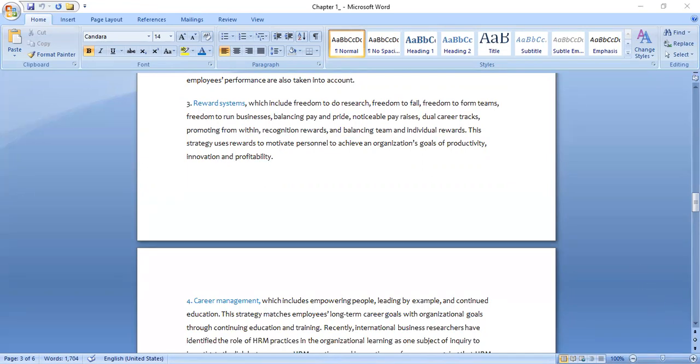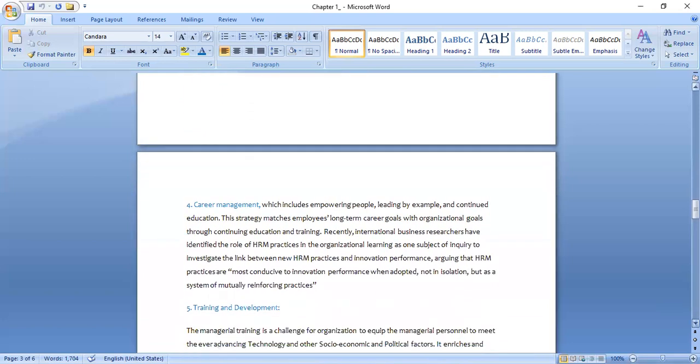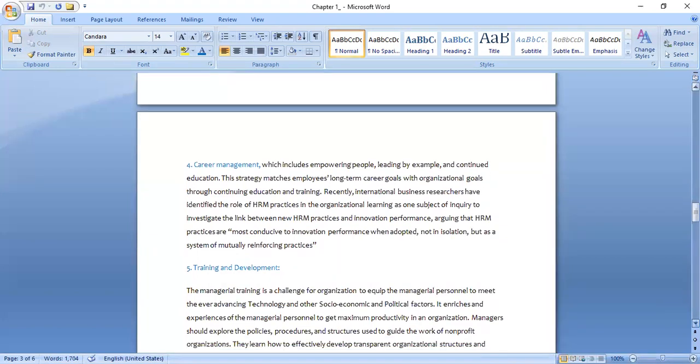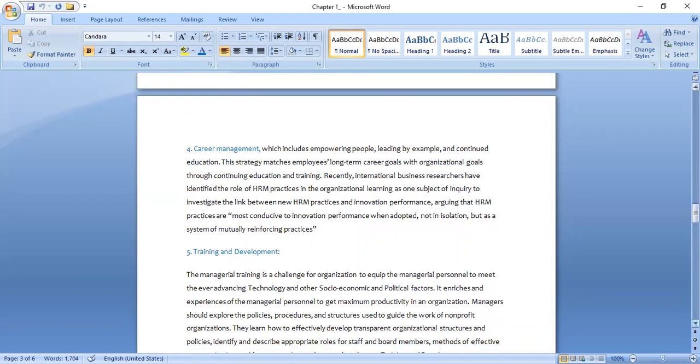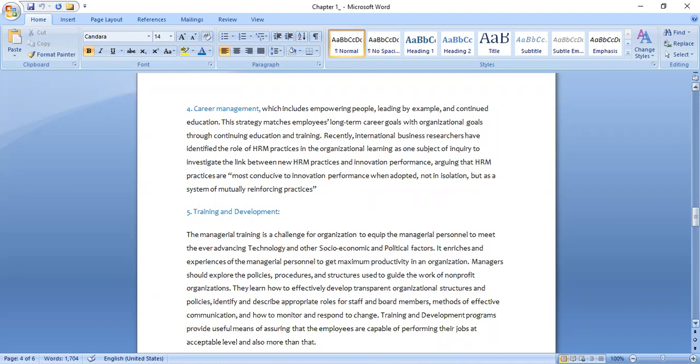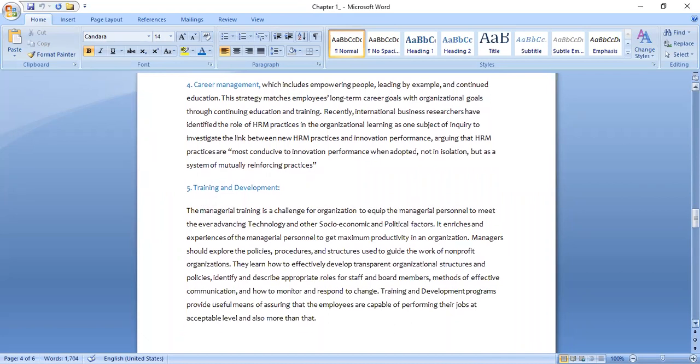Then there's also another practice of human resource management, which is career management. Here, the human resource personnel are in charge of developing your career, whichever kind of position it could be, making sure that these employees are growing in line with their careers.